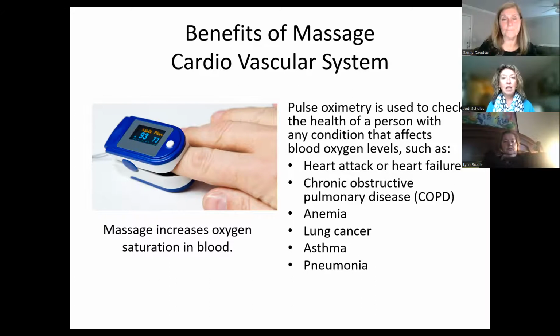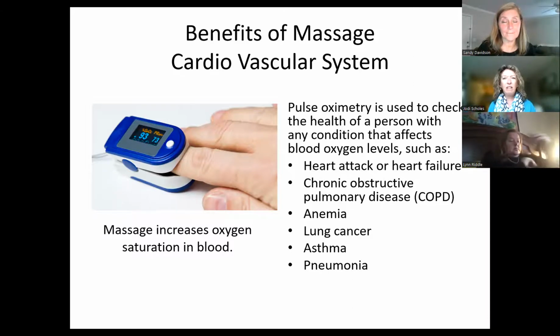Really, we want to see it in the 90s. People with a chronic issue, say COPD, maybe congenital heart defects, if they're having heart failure, asthma, anything like pneumonia, their blood oxygen levels may go down. And so we measure that with that little device there. It's on the finger.